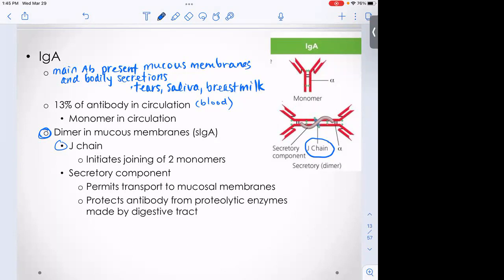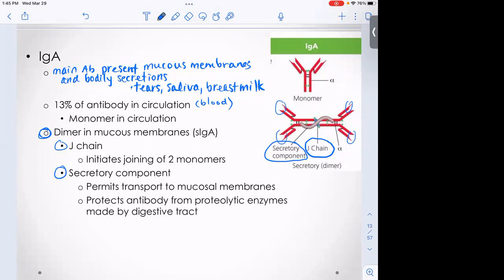So now we've got 4 antigen binding sites. And there's another component here, this secretory component that's drawn in over here, that enables the antibody to be secreted onto those mucous membranes, and it has some protective effect from our proteolytic enzymes.